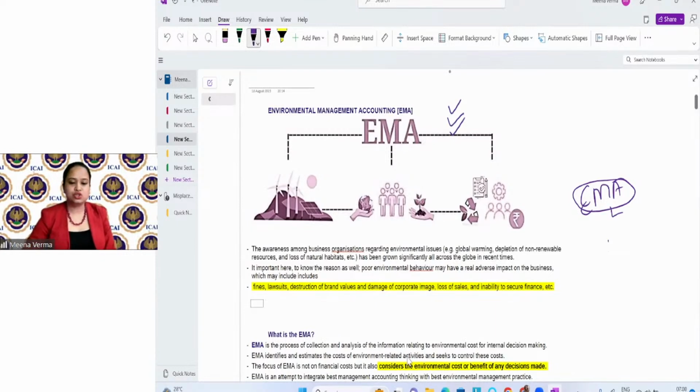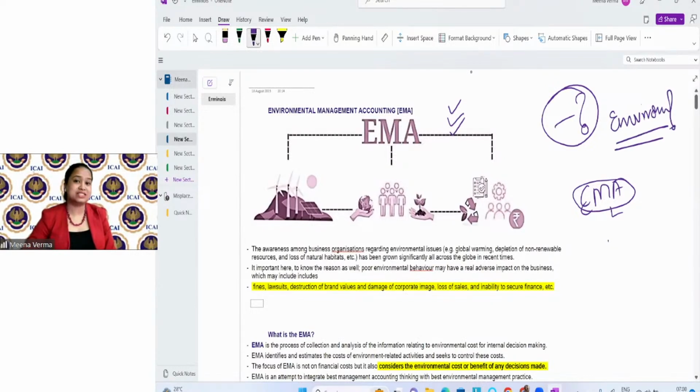All right. Before starting the session, one question that will come to our mind is: is it important for the organization to consider the environment?